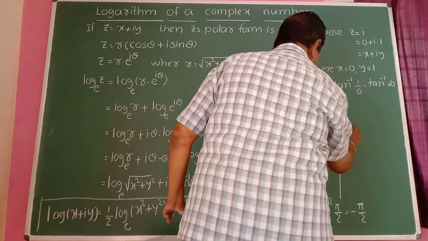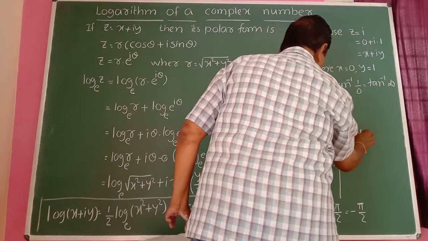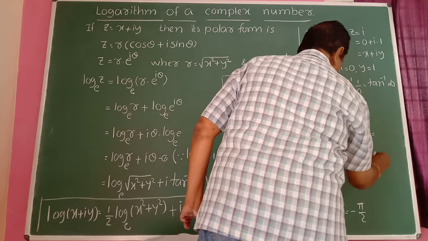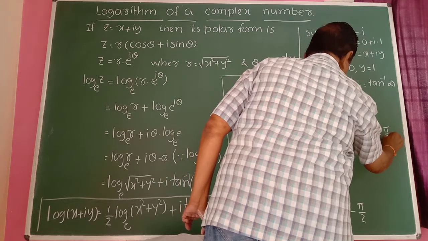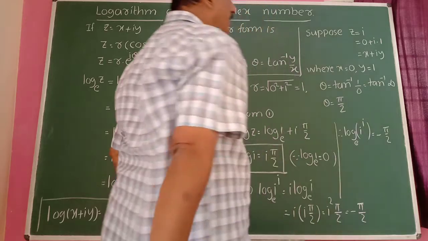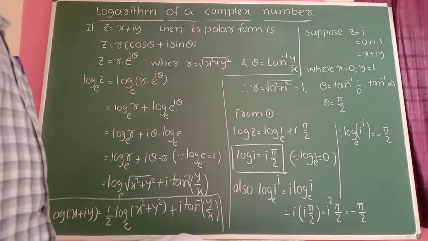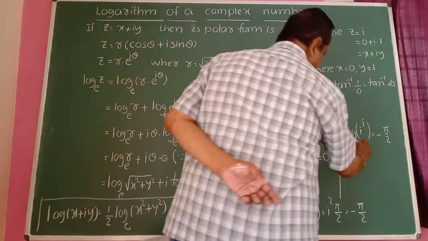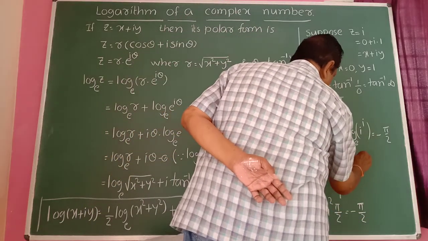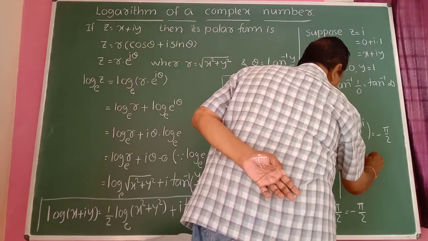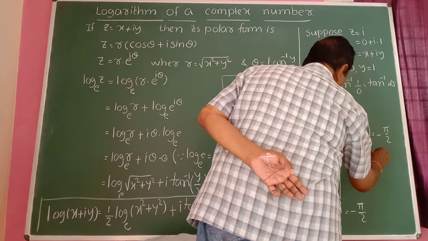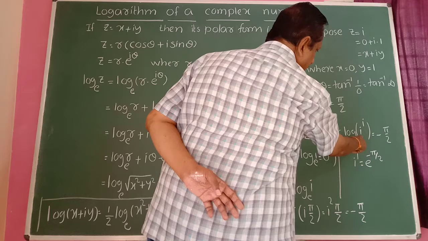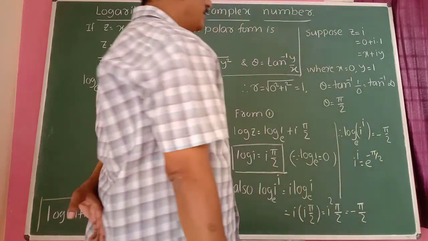Therefore, log of i raised to i to the base e is minus pi by 2. And using the definition of logarithm here, i raised to i means e raised to minus of pi by 2. So i raised to i is equal to e raised to minus of pi by 2.